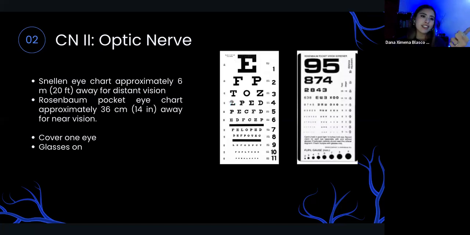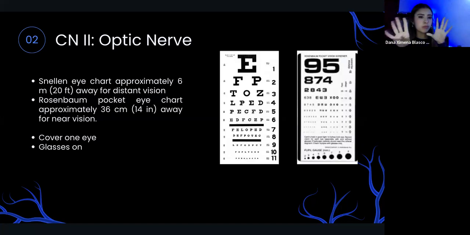The first one is the Snellen eye chart, for long distance vision, and the patient is located approximately 6 meters away for distant vision. And the Rosenbaum pocket eye chart is for closer vision. The patient is located approximately 36 centimeters away for near vision.